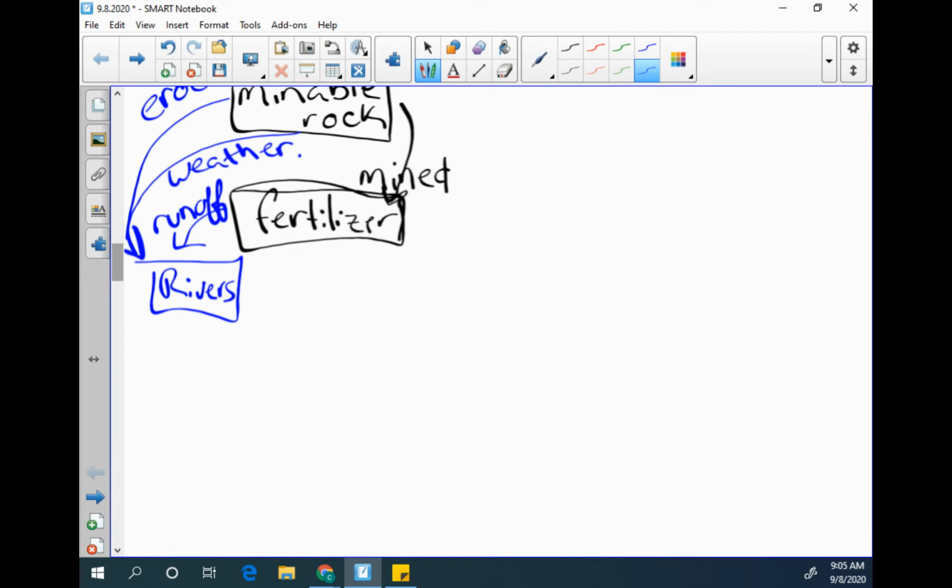We're going to talk about the ocean wider. Like we said, it mostly takes place in the ocean. We're also going to bring in sedimentary rock.